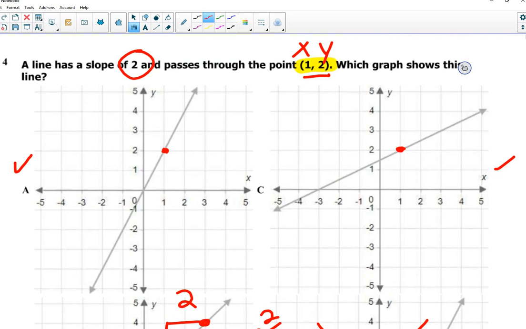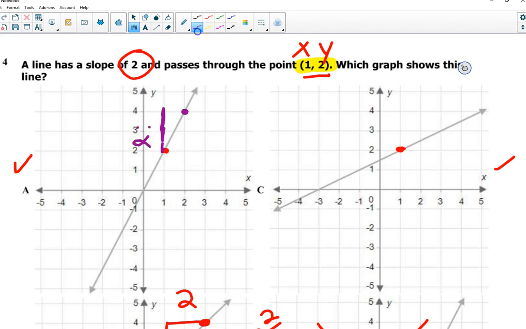Let's look at A first. I'm going to go up 2 and over 1, because I'm looking at these 2 points.